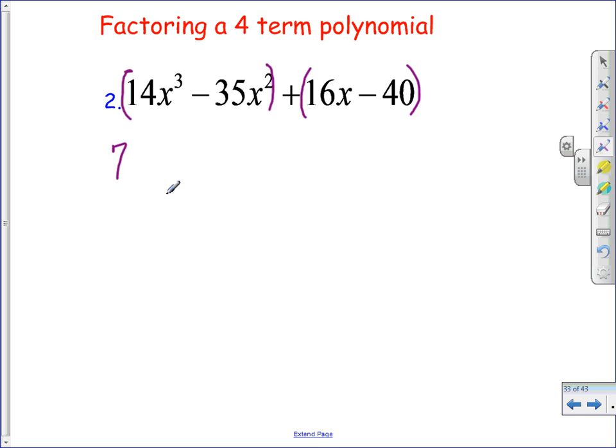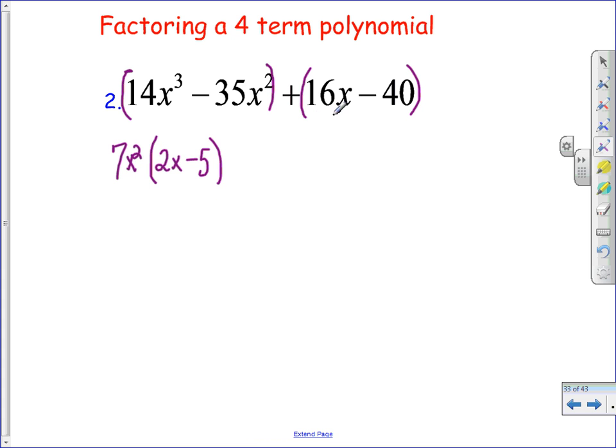The greatest common factor of x cubed and x squared is x squared, because x squared can be evenly divided into both terms. 14x cubed divided by 7x squared is 2x. Negative 35x squared divided by 7x squared is negative 5.